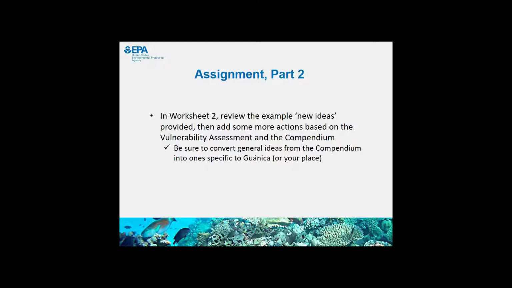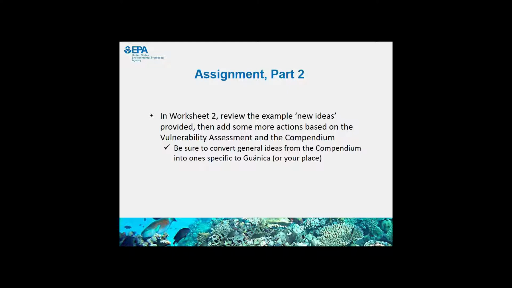In other words, the compendium contains some pretty general ideas from the literature that are just tossed out as strategies for adaptation, often not place specific because in a lit review, they're just suggestions.